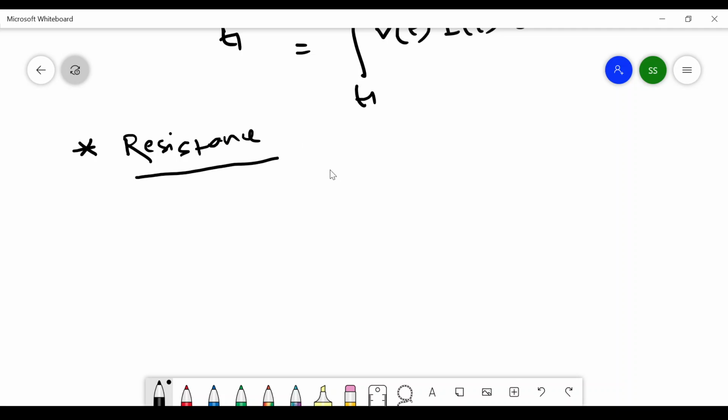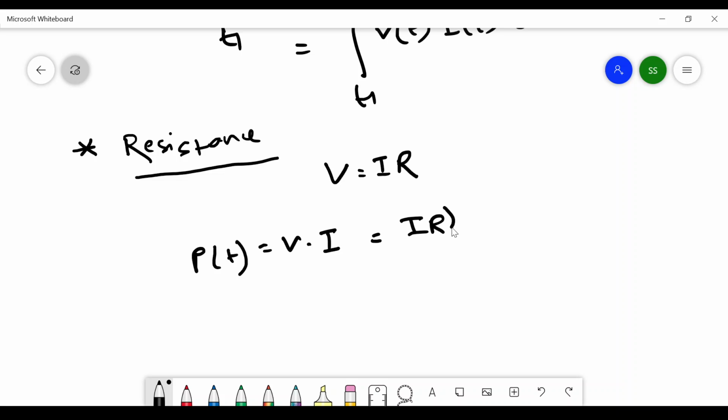The equation is V equals I R. Now the power p(t) is nothing but V into I, and if we put the value of V, then we get IR into I, so it becomes I square R. This is the equation for power.